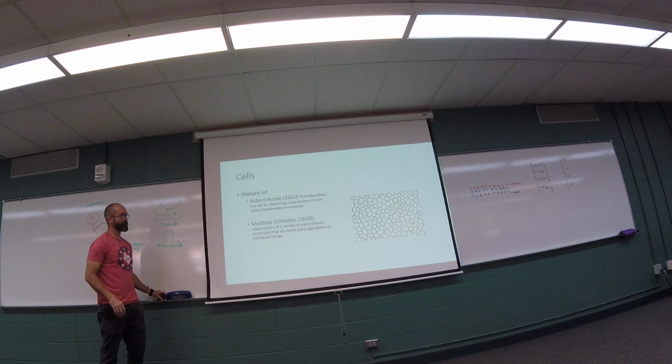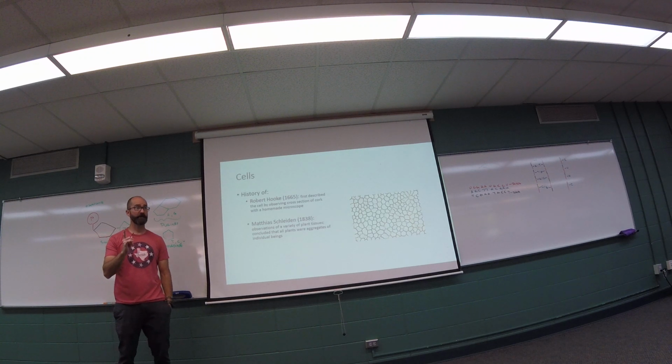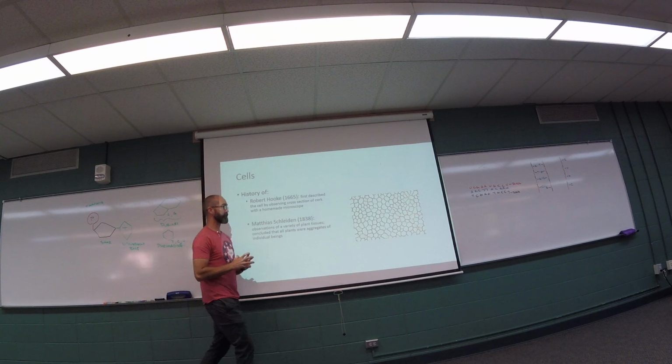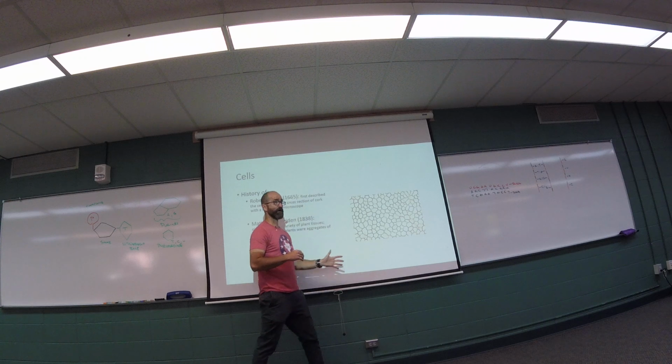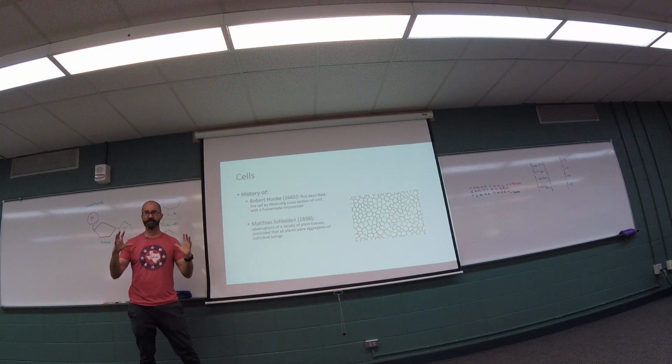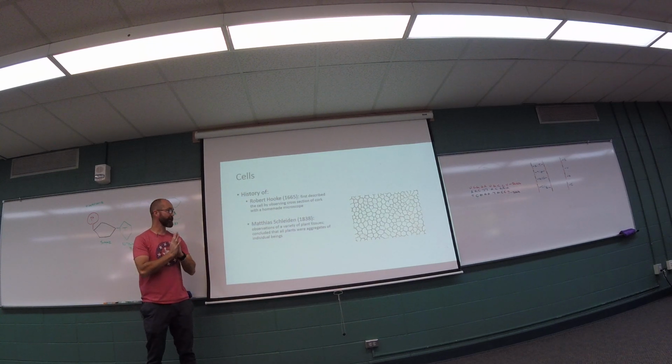Subsequent to that, Matthias Schleiden, who was one of the individuals that formalized cell theory, looked at a whole bunch of plant tissues. And what he saw was a whole conglomeration of things like that throughout the tissues within plants. What he suggested was that plants were actually aggregates of individual beings.